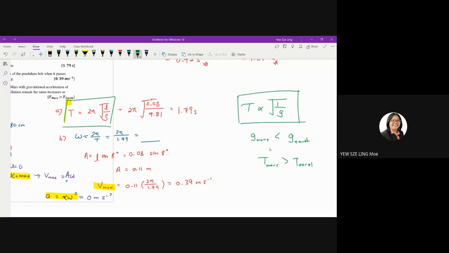So since G Mars is less than G Earth, therefore T Mars is larger than T Earth. We derive it just by looking at the relationship.